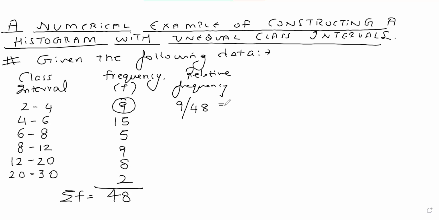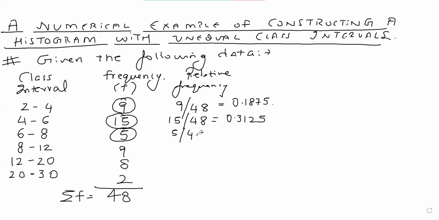So how much is 9 by 48? You can check using your calculators. It's 0.1875. On similar lines, we have 15 divided by the total frequency 48, which is 0.3125. 5 divided by 48, which is 0.1042.